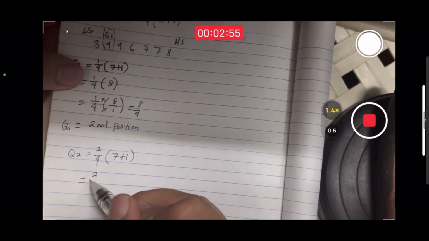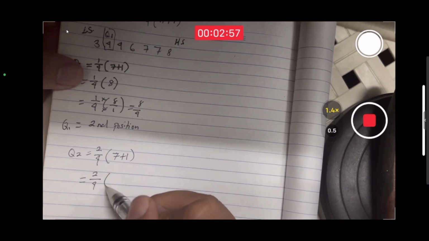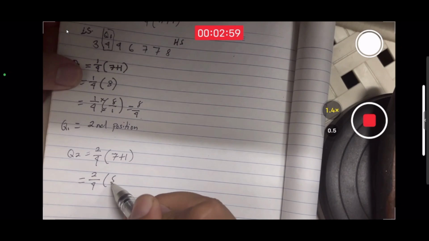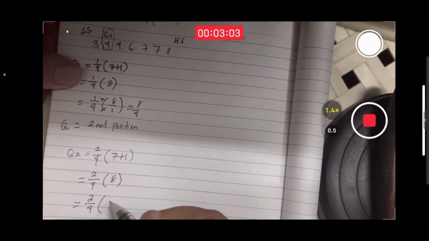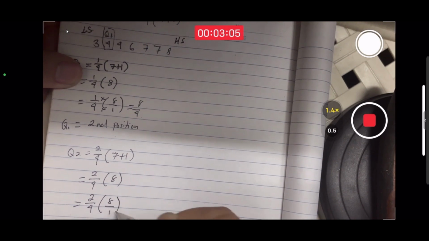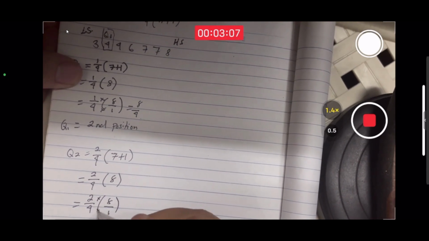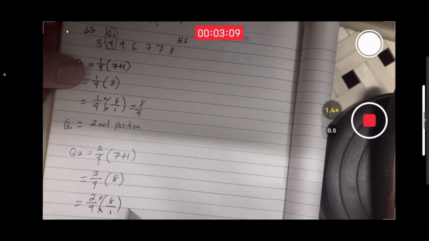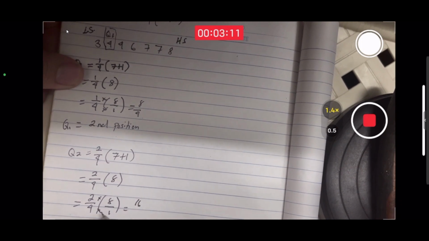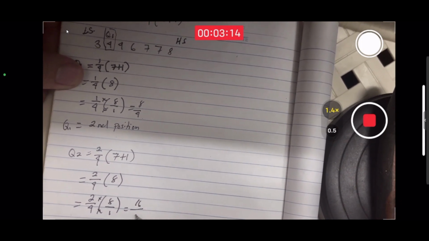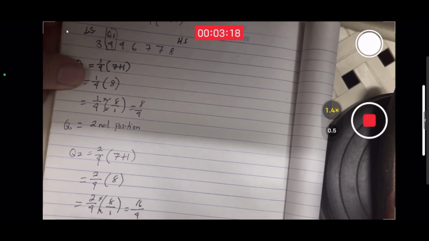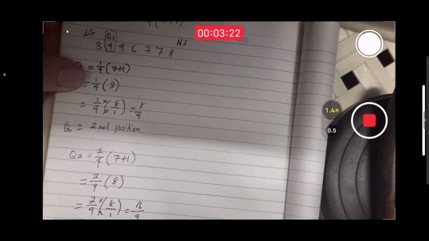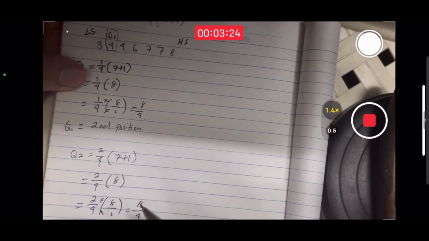Also, 2 over 4 times 8. Again, repeat. 2 over 4, put a denominator 1, then multiply. Okay? 2 times 8, that is 16. Then 4 times 1 is equal to 4. Divide. 16 divided by 4, that is 4.